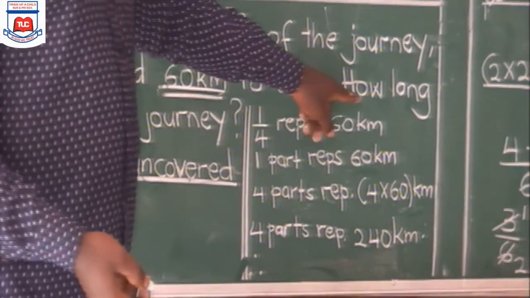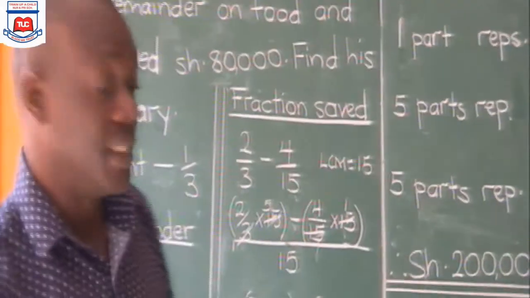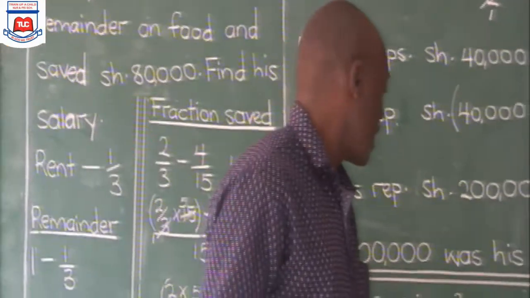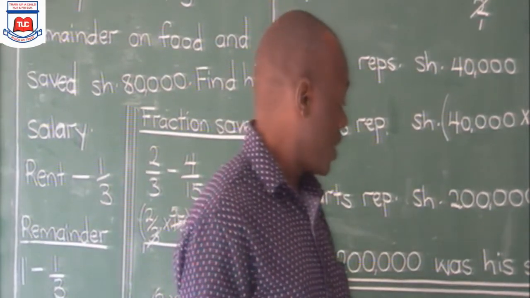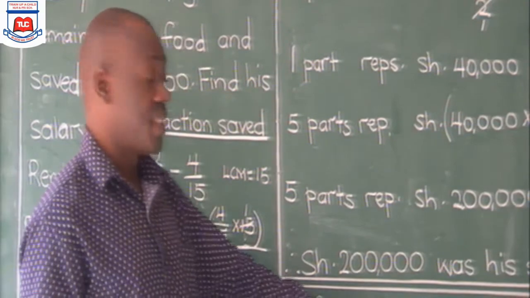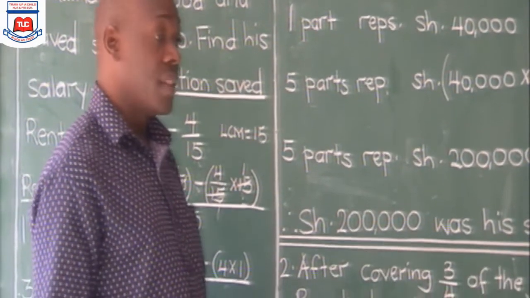Whenever they ask you how long, that adjective long has got an abstract noun, length. You say therefore 240 kilometers was the length of the journey. That's what you conclude. But you must know the service a figure given renders. Then you go in that line.